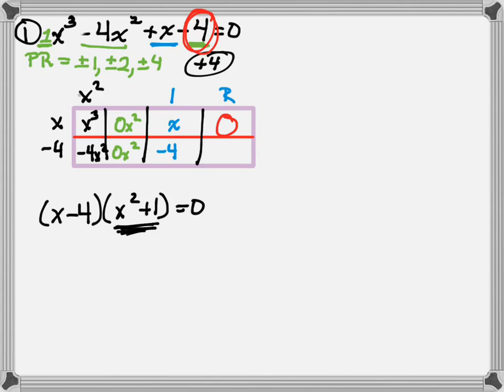If it is just a binomial like this, you can set it equal to 0 and solve. And so when I take the square root of a negative 1, it's going to make that an i, and so it's plus or minus i.